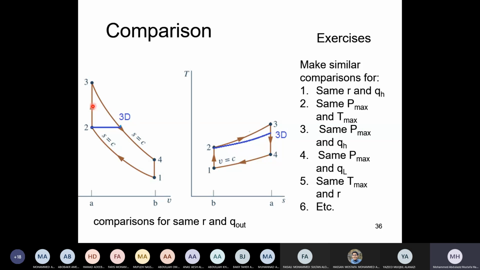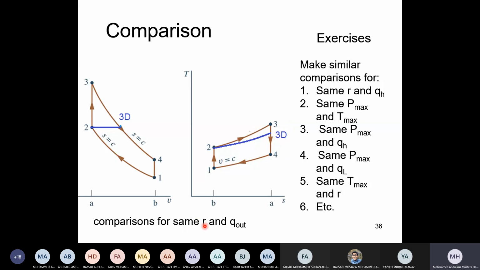So this is why I want to compare the two cycles on certain bases: R and QH. I want to set two parameters and compare. So I'm comparing here from 1 to 2. Do they have the same compression ratio or not? Look at the two engines here. Since it is V1 over V2 for both of them, this is the same compression ratio.